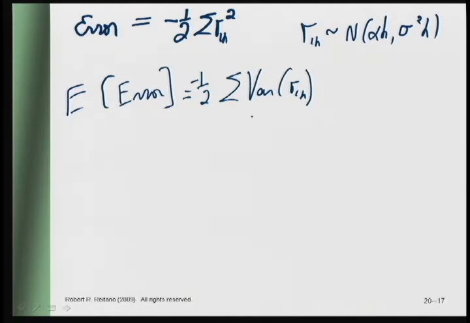Now, the expected value of the r_i h squared, well, it's not quite the variance. It'll be -1/2, and we can write the expected value as the variance plus the mean squared.